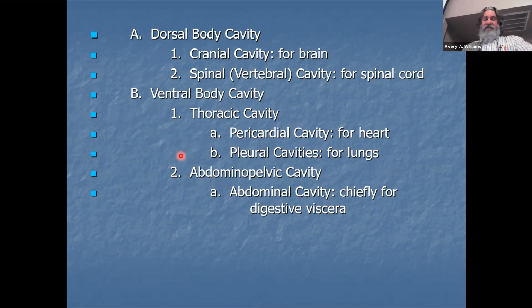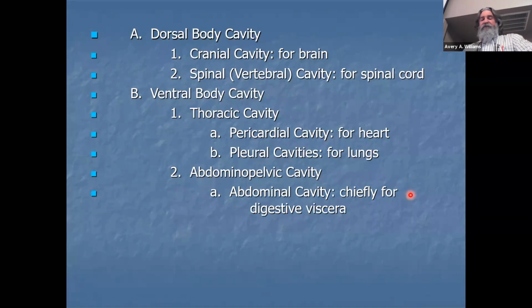You see how I've got this all laid out like this? So the abdominal cavity, which is a portion of the abdominal pelvic body cavity, is everything between the diaphragm and the pelvis. That makes sense? So what's it for? Well, I just say chiefly for digestive viscera.